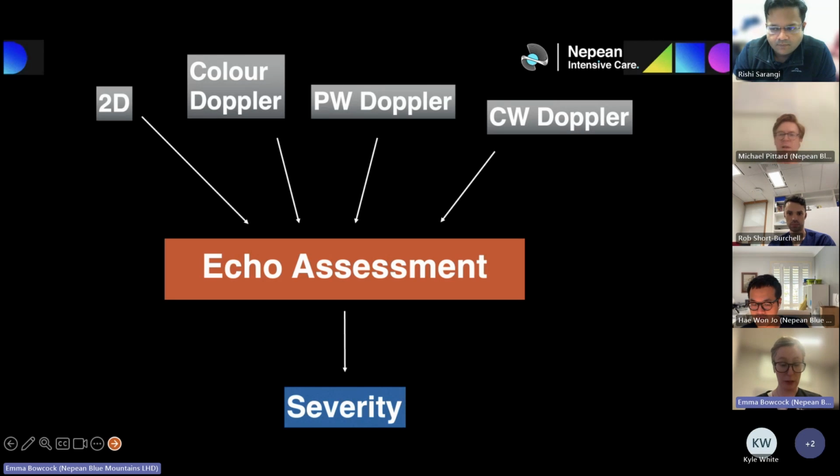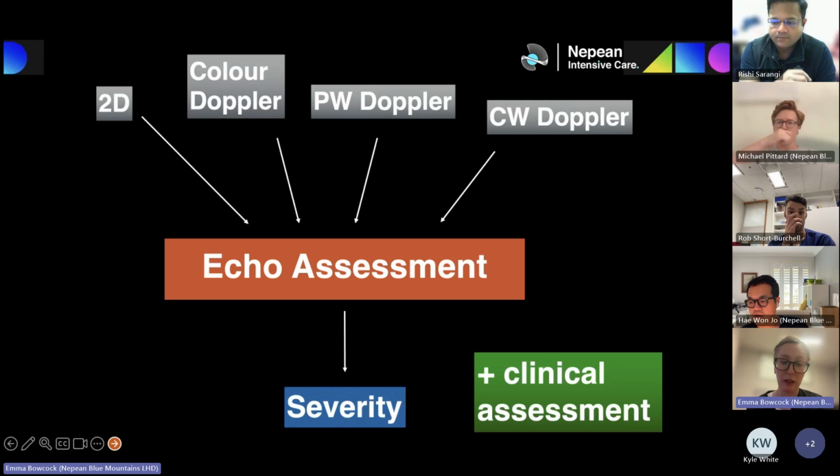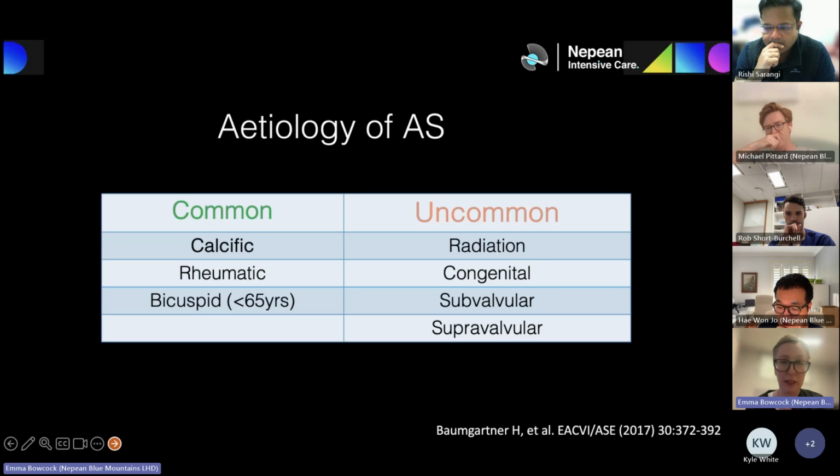And as we know, we need to really see the whole heart with that and what the effects of remodeling are on the LV, left atrium, pulmonary circulation, RV, as well as integrate that obviously with the patient's clinical history to come up with what their severity is, whether they're asymptomatic or symptomatic. And obviously it's a little bit different in the critical care setting. And we'll talk through some of the pitfalls with that.